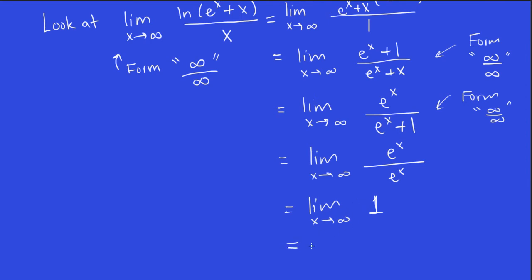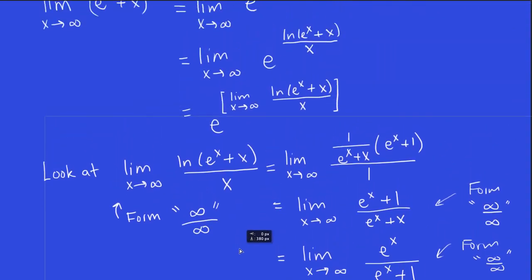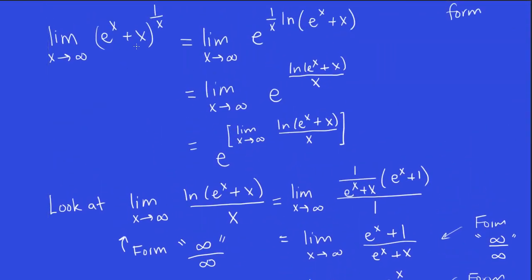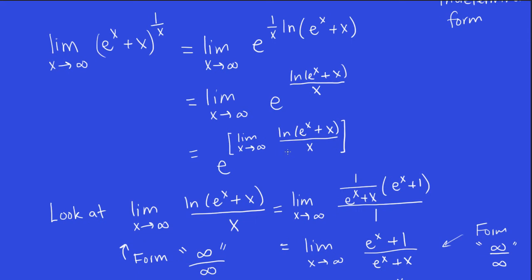The limit of a constant is just the constant, right? So we've just proven that this limit goes to 1. But remember, that's not our real question. Our real question was back here, where we wanted to do this limit. What we've just proven is that the limit in the exponent goes to 1. So our final answer is going to be e to the 1, right?